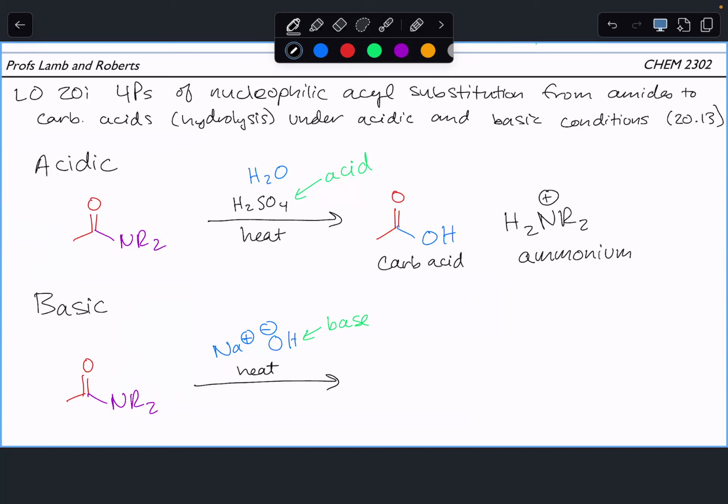Under basic conditions, we will have our deprotonated carboxylic acid to make our carboxylate and an amine. Right, so in both cases, we have this additional either protonation or deprotonation at the end that makes them both irreversible.